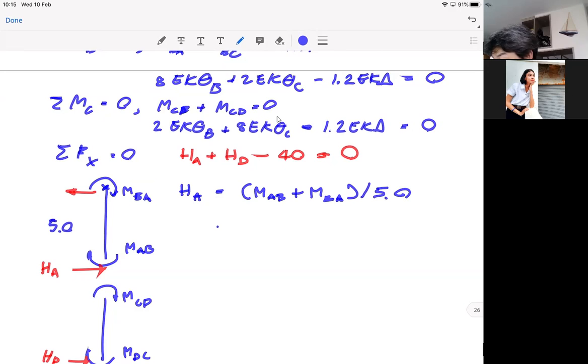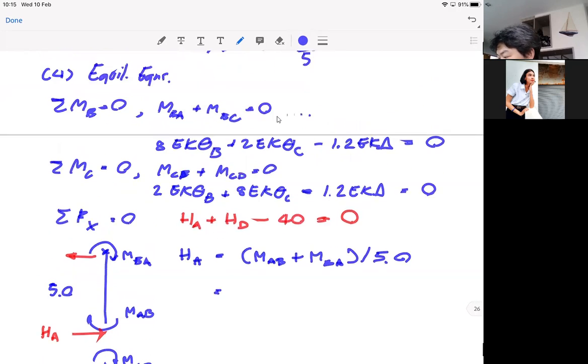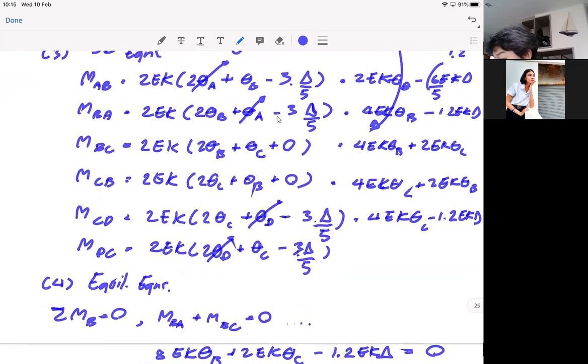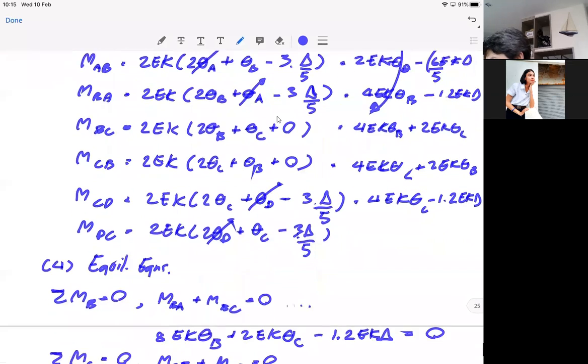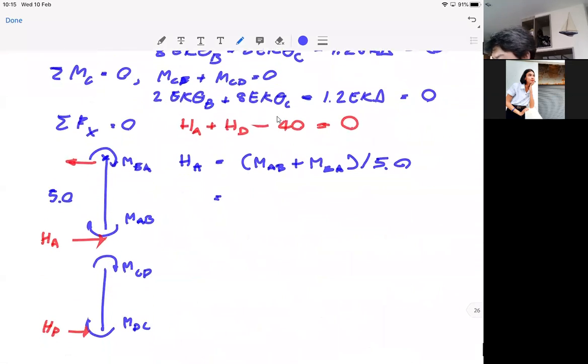Your MAB is this one, and your MBA is this one. So we have 6 EK zeta B minus 2.4 EK delta, right? Am I right? 6 EK zeta B minus 2.4 EK delta over 5.